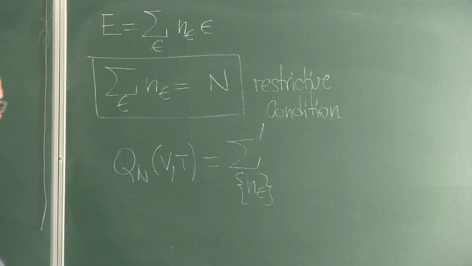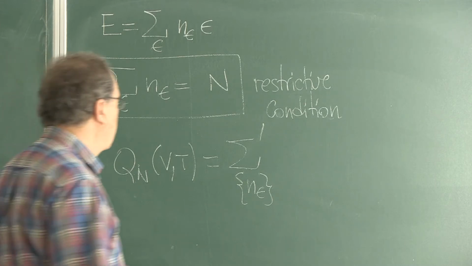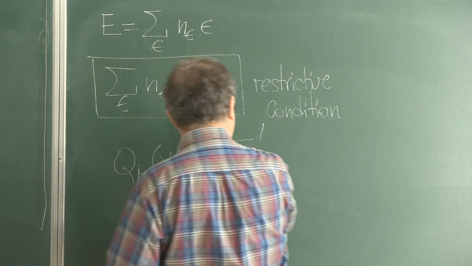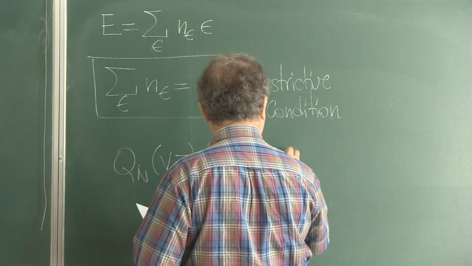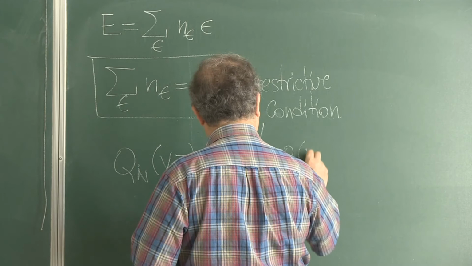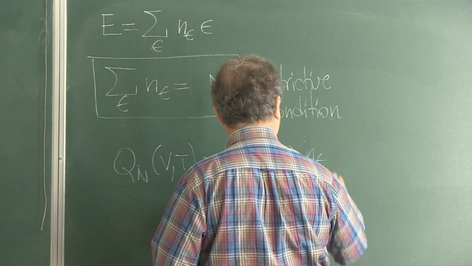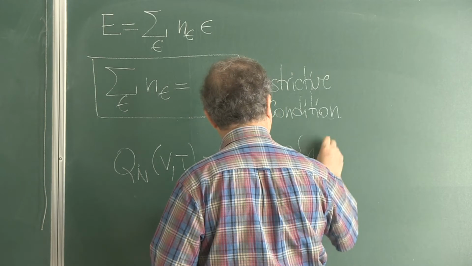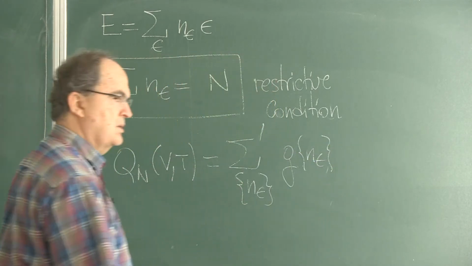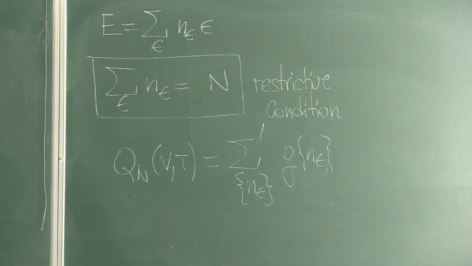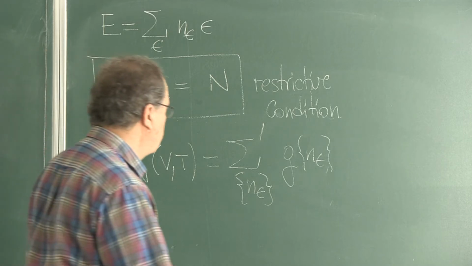Let me put a prime to show that this restrictive condition should be satisfied in doing the sum. G, a number, for any set of these numbers, depending on what type of gas you are dealing with.